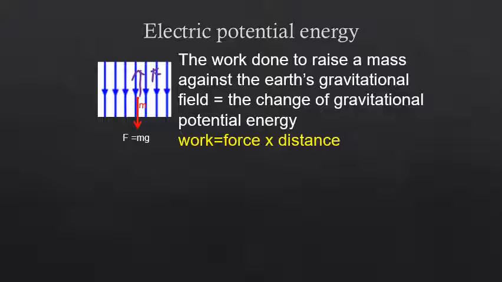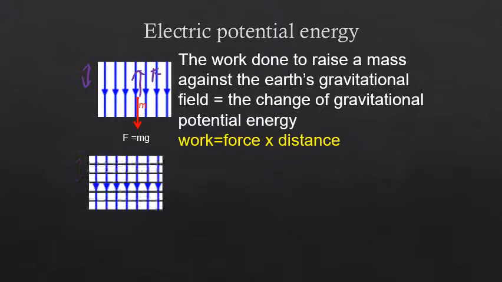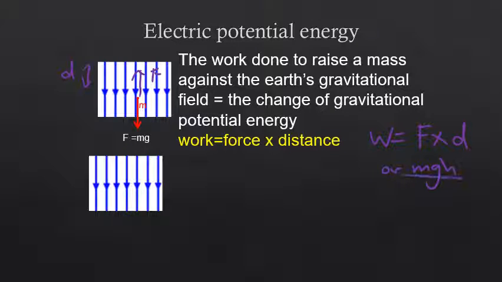And there'll be work being done because it'll be force times distance. So there's going to be a certain distance. So the work being done equals force times distance, or mgh, the actual gravitational potential energy.